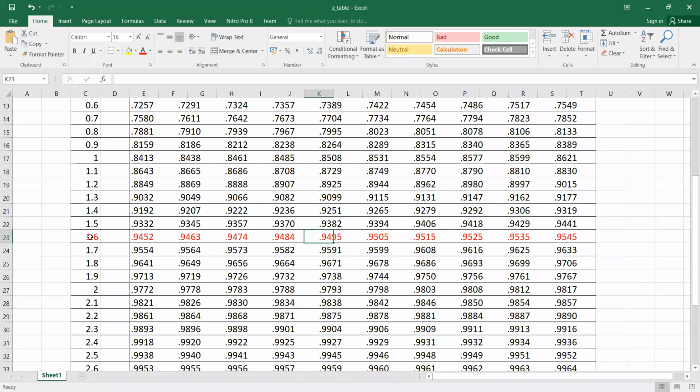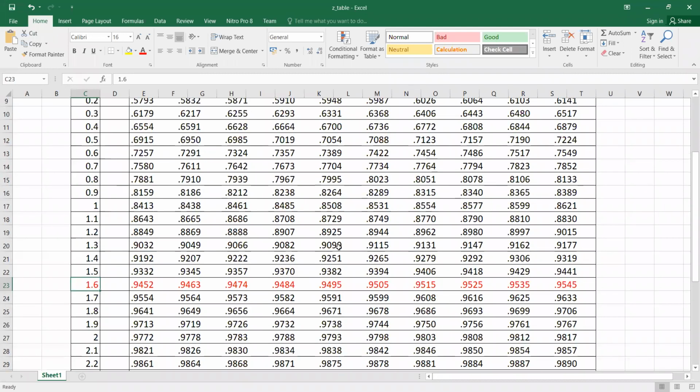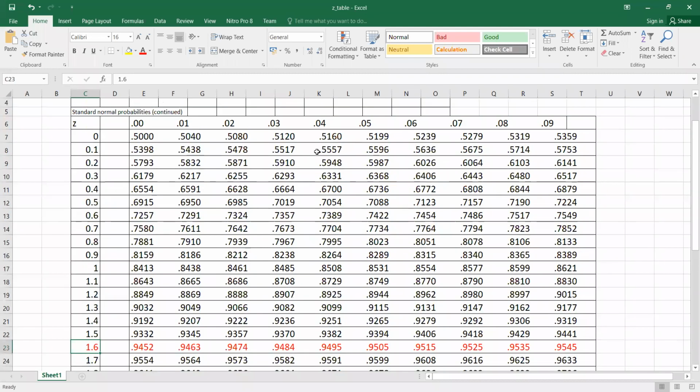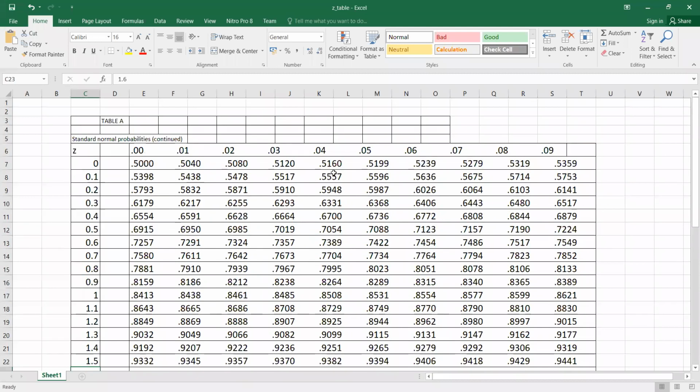So you read off the value on the row, which is 1.6. Then you add the value which is on top, 0.04.